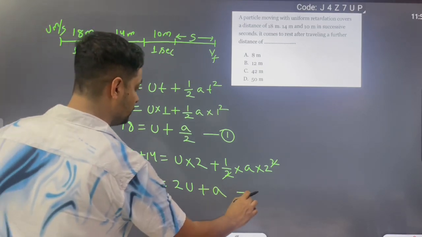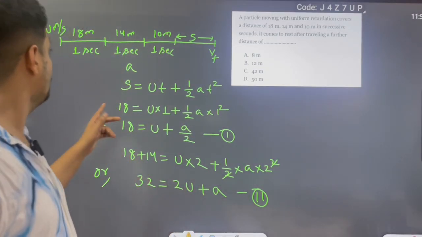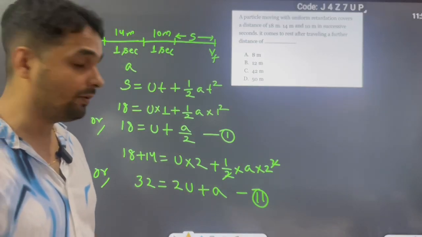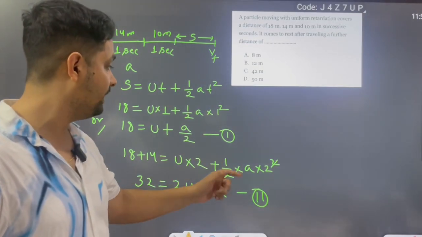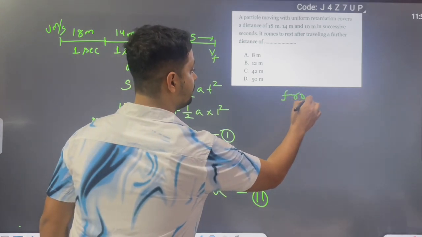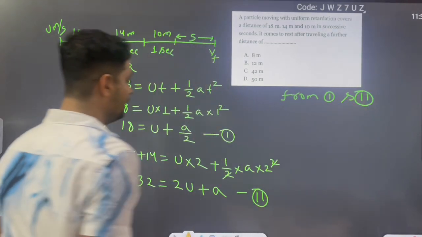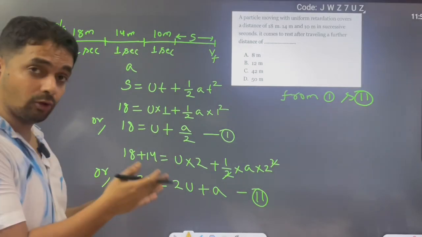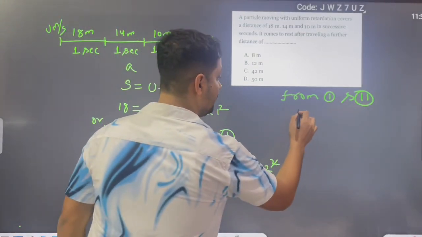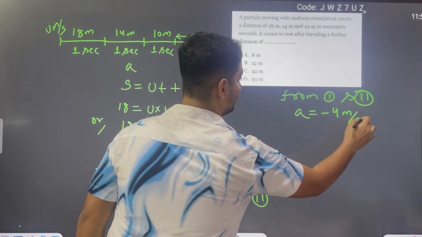This is equation 2. Now we have two equations and two unknowns, U and A. We can find these two values by solving equation 1 and equation 2. When we solve this, we get the value of A, which will be minus 4 meter per second square.